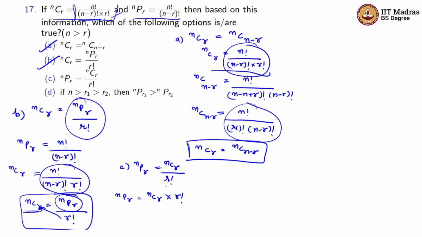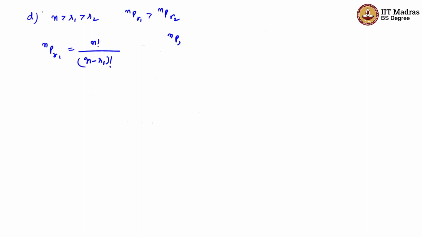Now let's look at the last option, which is option D. It is given that n is greater than r1 greater than r2, then nPr1 is greater than nPr2. So first of all, let's write the formula of nPr1, which will be equal to n factorial upon (n minus r1) factorial. Similarly for nPr2, it will be equal to n factorial upon (n minus r2) factorial.